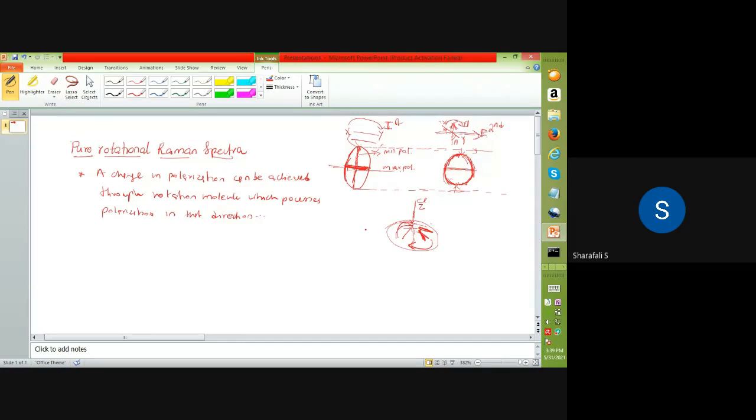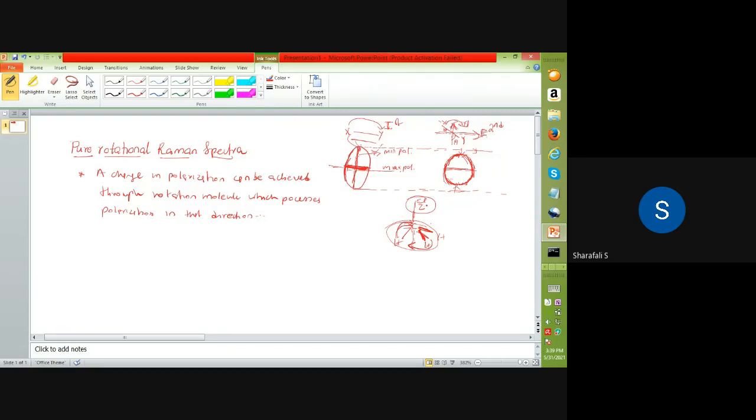That kind of rotation will not affect it because these atoms, let's say this is CH3, are symmetric, and whatever moment of inertia you have along that axis, it will be the same. So there will not be any polarization change when you rotate this molecule about this axis.